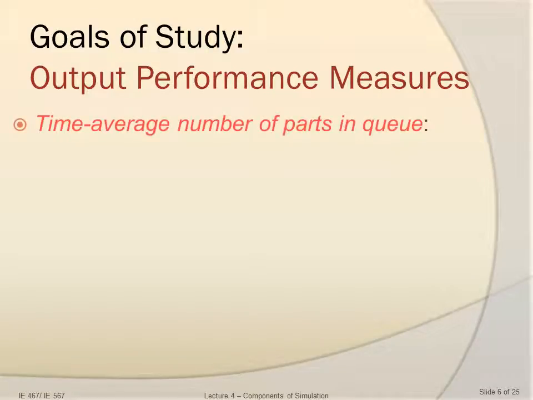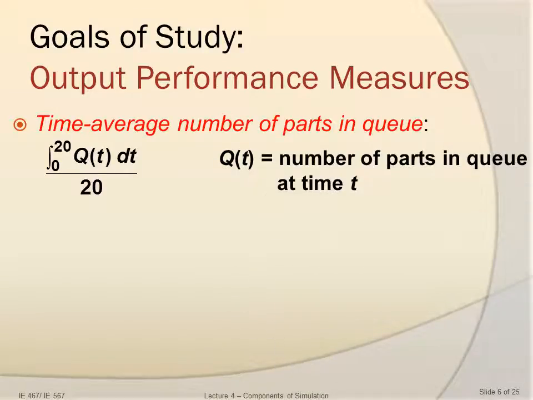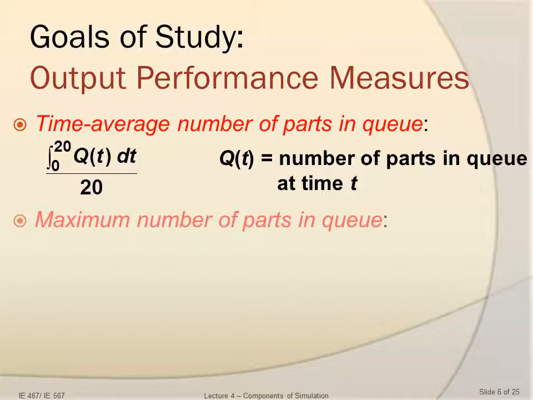We also want to know time average number of parts in the queue, and this is how that's computed. Because our run is until the time 20 minutes, it's going to be the time average over 20 minutes, and we have Q(t) representing the number of parts in the queue at time t, so we're integrating Q(t) from 0 to 20 minutes and then dividing by 20 minutes.